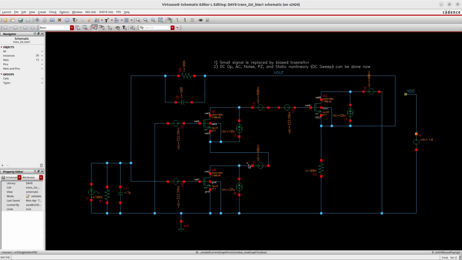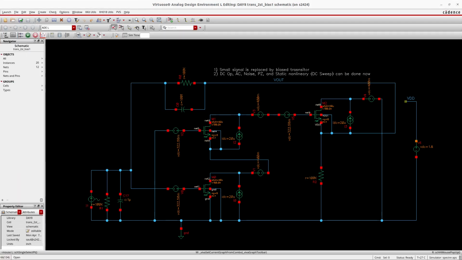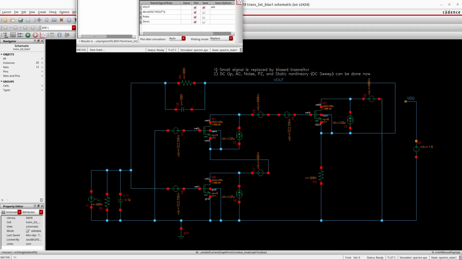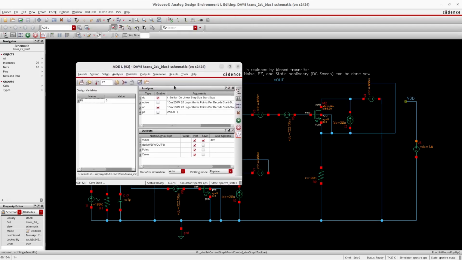That is how our amplifier looks. Each transistor has been replaced, and then what we do here is basically exactly the same thing that we did before. We are going to run a check on these biased transistors, and at this point we can run the noise and P0.